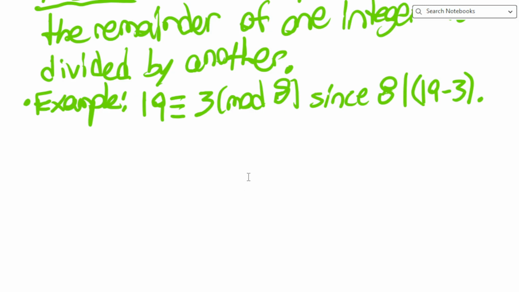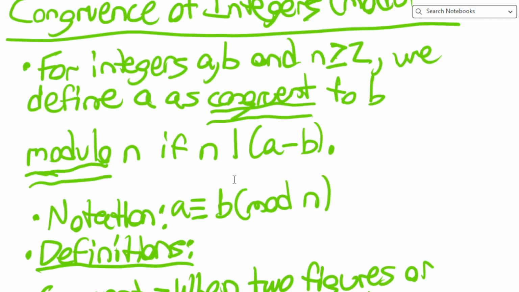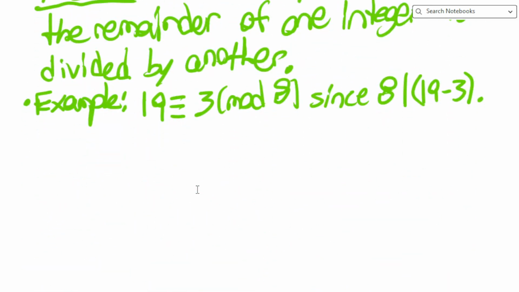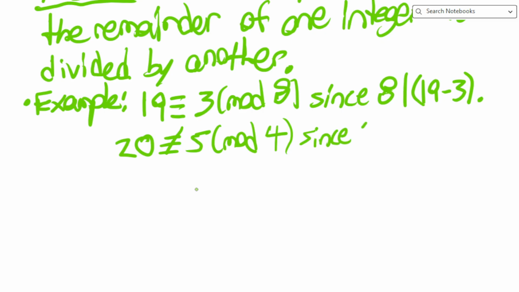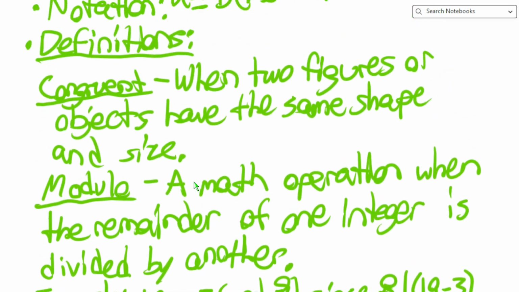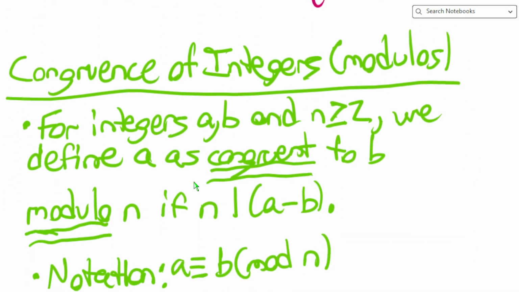Sorry, I've been saying that wrong. Then we have 20 is not congruent to 5 mod 4, since 4 is not a divisor of 20 minus 5. Alright, so that's it for congruence of integers.